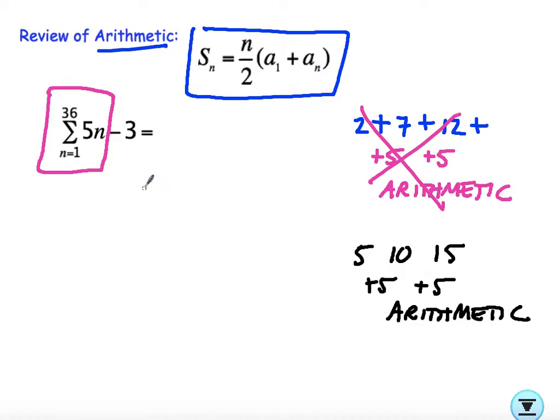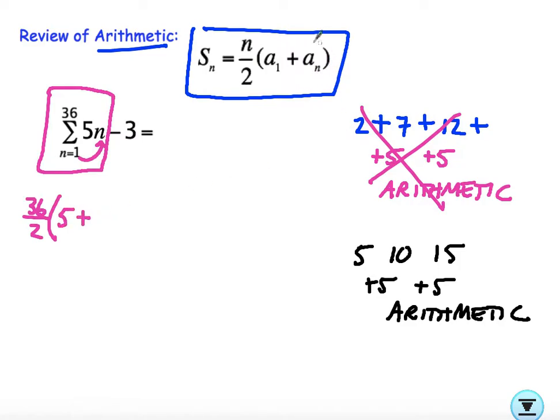Okay, so let me try to color code here. All of this summation stuff is arithmetic, so I can use this formula. N, remember, is the number of terms. There's 36 terms from 1 to 36, so I could do 36 divided by 2. My starting term is what I get when I plug a 1 in, so 5 times 1 is 5.